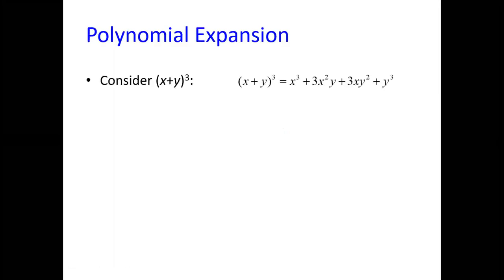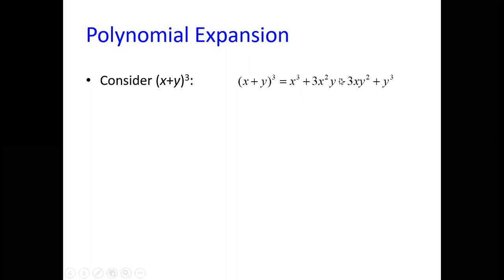If we have this polynomial, (x plus y) to the power 3 will be equal to x cubed plus 3x squared y plus 3xy squared plus y cubed. As you can see, the sum of the powers of x and y must always equal 3. For example, x cubed times y to the power 0: 3 plus 0 is 3.